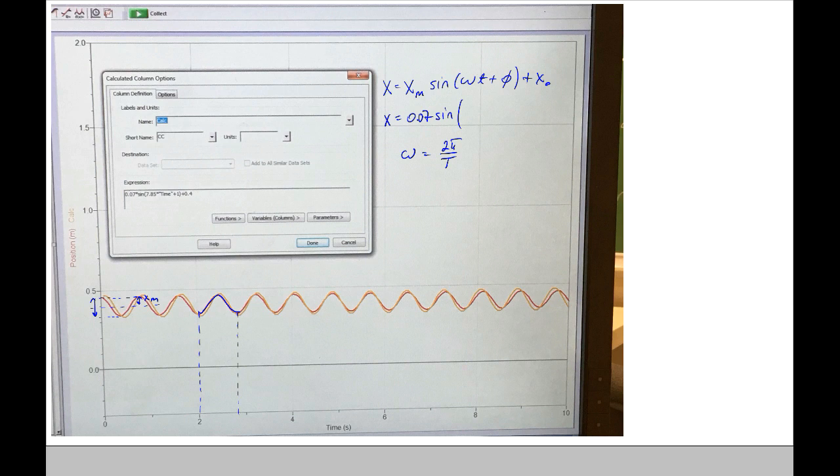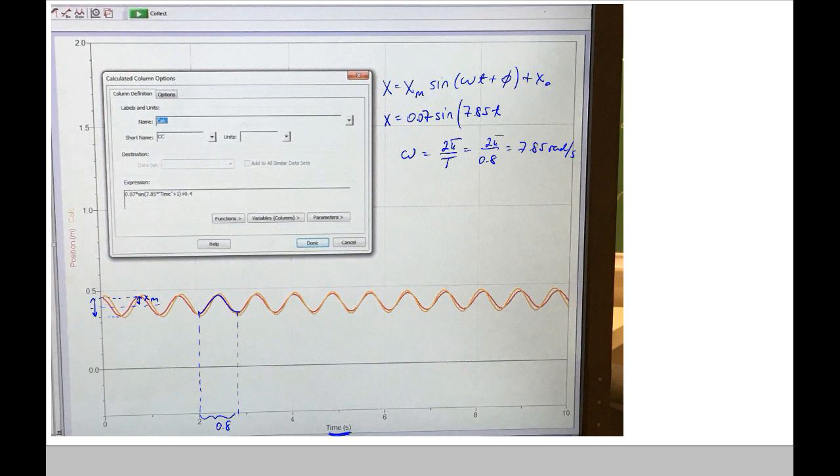My axis is in seconds, so this is a little bit less than 1 second. I'm going to say that it's about 0.8 seconds. So omega is 2 pi over 0.8, and that gives me 7.85 radians per second. That's why in my equation I have 7.85 times t.